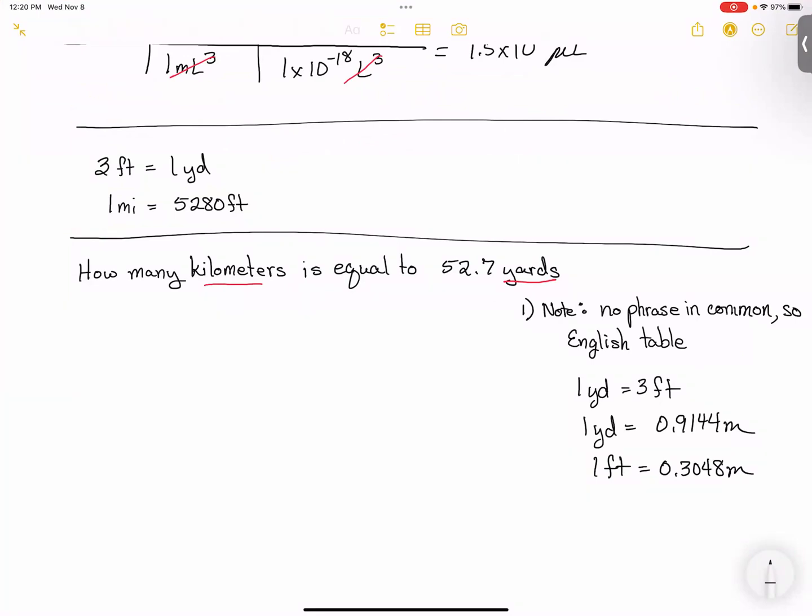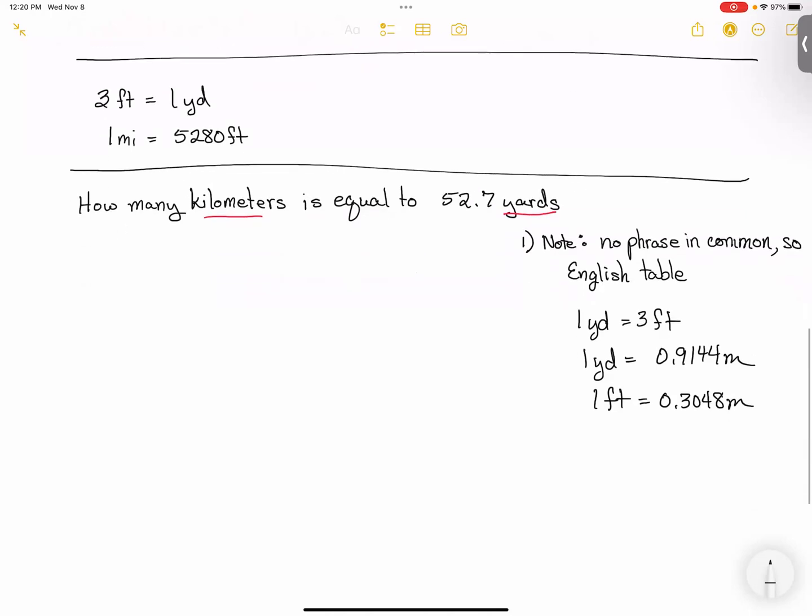Because of this fact, the English system is more difficult. So, how do you go about it? Well, I've got 52.7 yards.